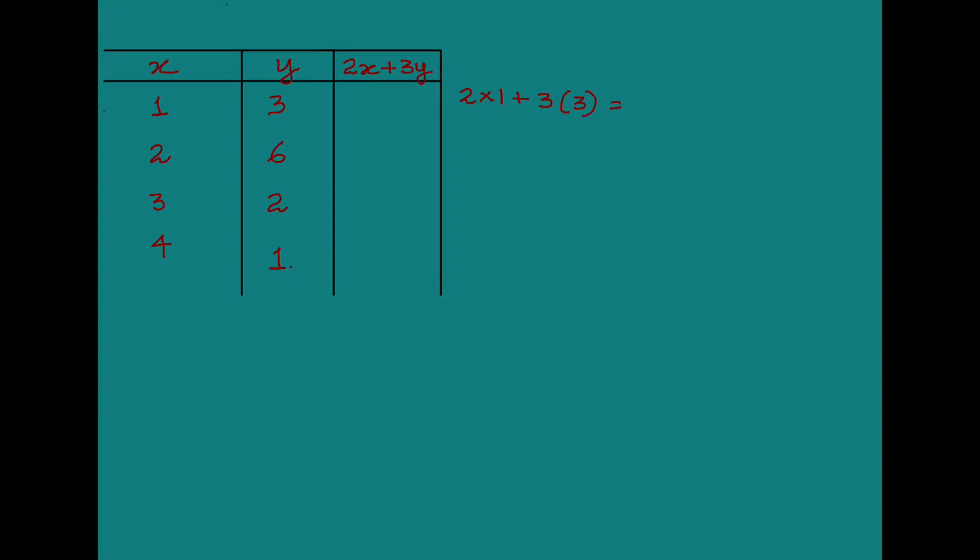Now you notice here, instead of putting the multiplication sign, what have I done? I have put a bracket over here. So if I want to say 3 times y, one of the ways I told you is I put it like this, 3y. I can also put it another way, 3(y).